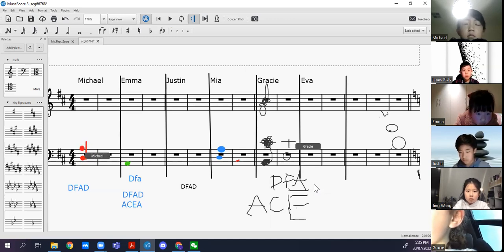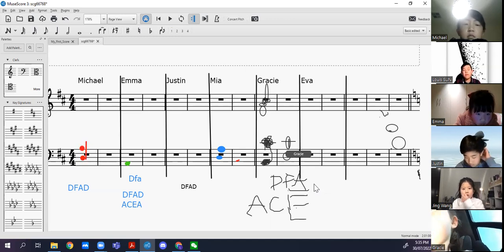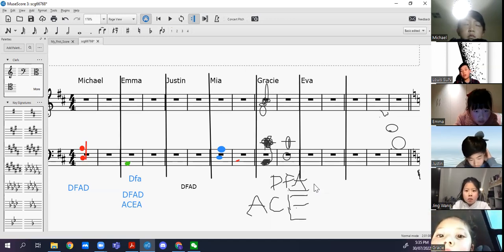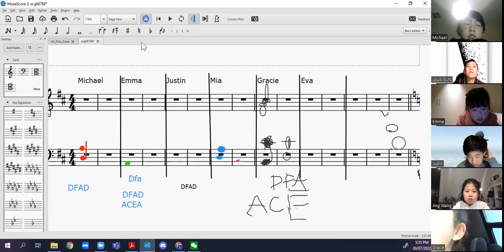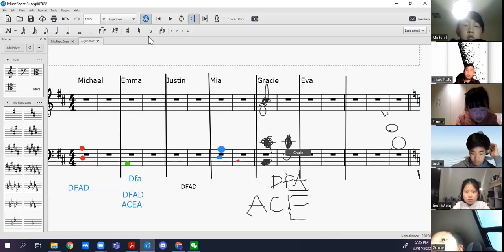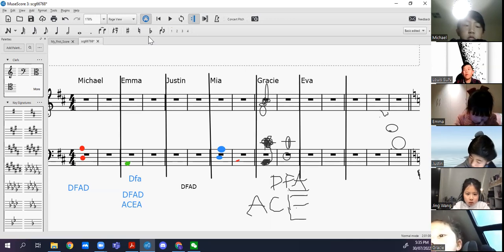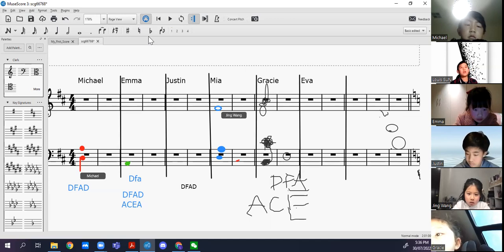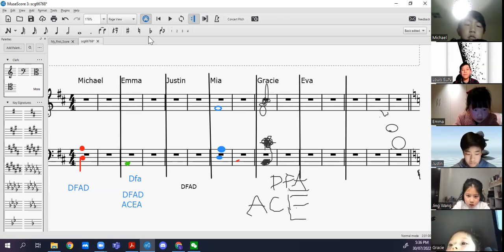E. E, that's a fifth. So you've got two notes of it. You've got A and E. What's the note in between? C. C? Yep. Well, technically it's C sharp because you're in D major and it has a key signature of C sharp. Yeah, that's right.